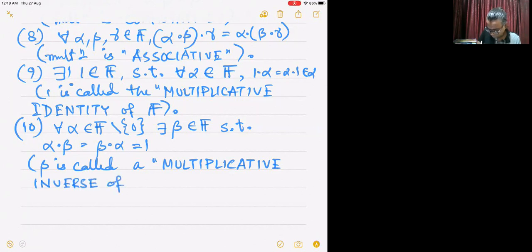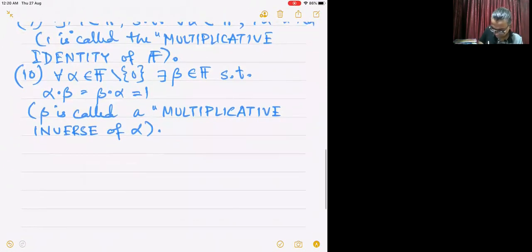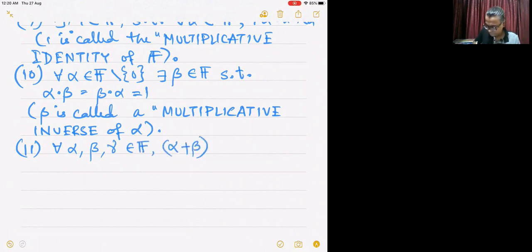And then finally, we have two operations. We have to say how these two operations are related with each other. So for all alpha, beta, gamma in F, alpha times (beta plus gamma) is equal to alpha gamma plus beta gamma.